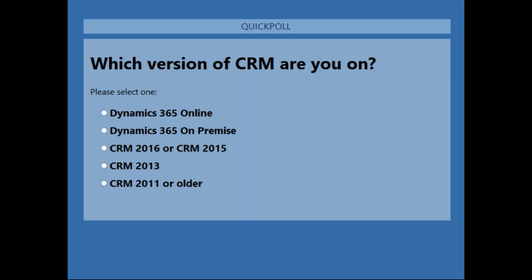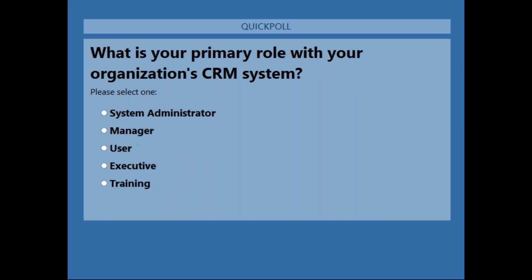So I also would like to understand a little bit more about what your primary role is in your organization. So I just launched another poll here. So I know a lot of people who work in the CRM world, especially those of us who are interested in user adoption, wear many hats in your organization. So if you could just pick the primary role that you have, that would be great.